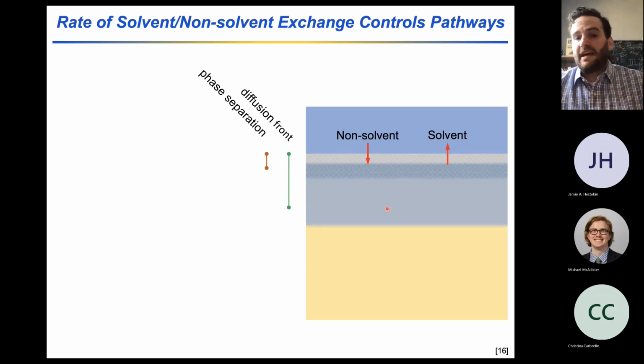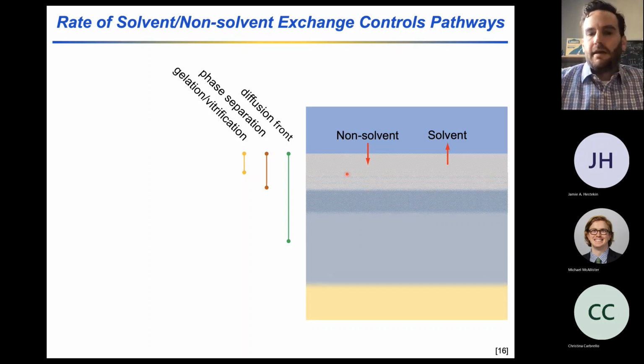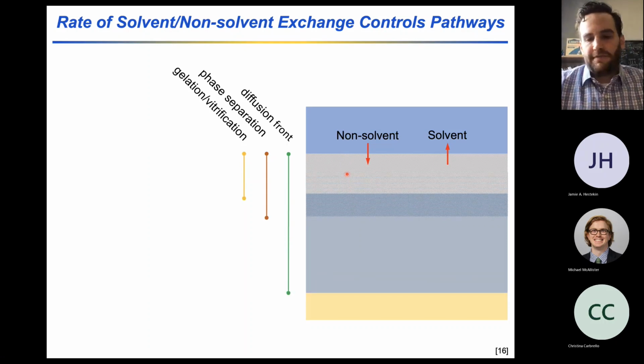And as more solvent and non-solvent exchange and the non-solvent concentration becomes even higher, then you have a gelation or vitrification front grow in. And so the diffusion front precedes the phase separation front, which precedes the vitrification front. And they all grow through the film.